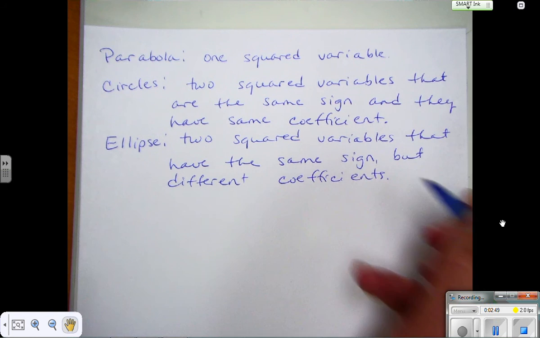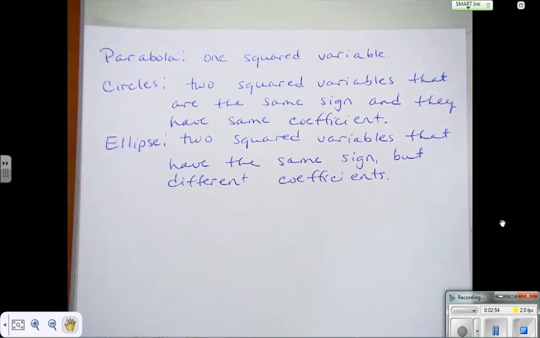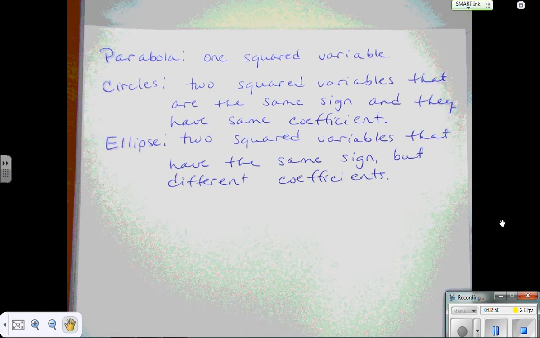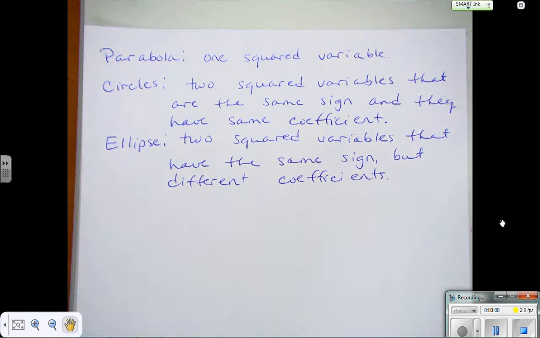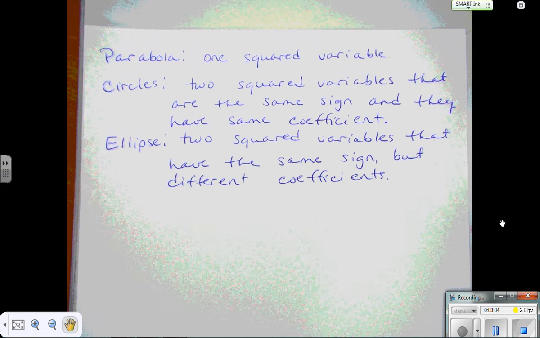They cannot have the same coefficients. So, for example, number 2 is going to be an ellipse. Can you guys see any other ones? 8 and 10. Right.